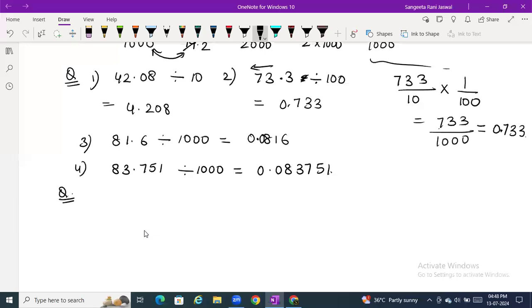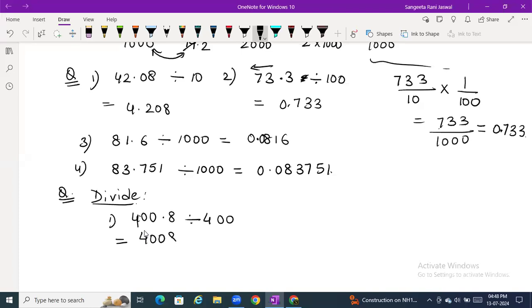Okay, now let's do another divide type sum, that is 400.8 divided by 400. How will you do this? First, I'll show you. What will you do first?